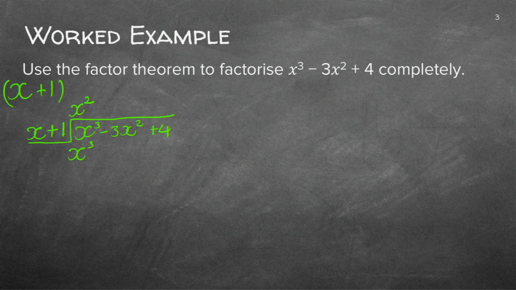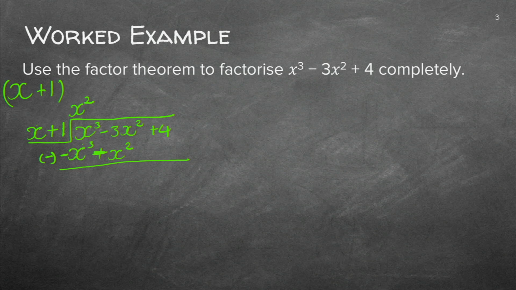1 multiplied by x to the power of 2 is going to be plus x to the power of 2. And then you draw a line. You need to subtract, so introduce a negative sign. If you introduce a negative sign, this becomes negative, and this becomes also negative there.